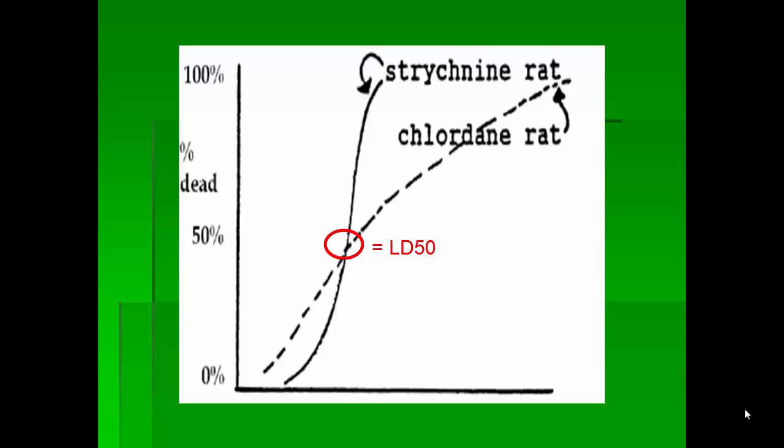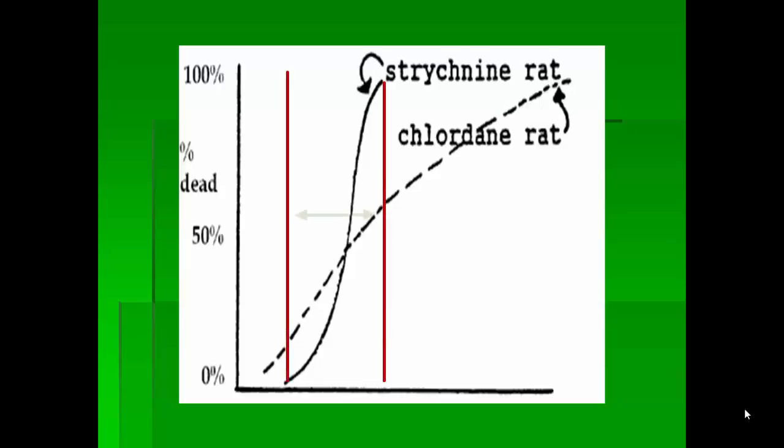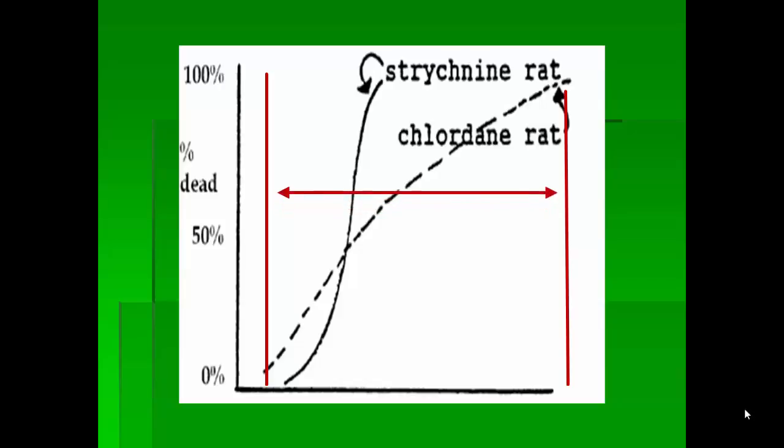In other words, the dose that is going to kill 50% of the animals is the same one for both substances. And yet, you can see that the slope is much steeper for strychnine, and that implies that more animals will die within a narrow dose range as opposed to chlordane, for which there is a much greater variation in response.